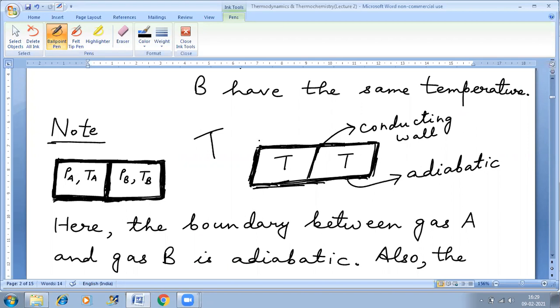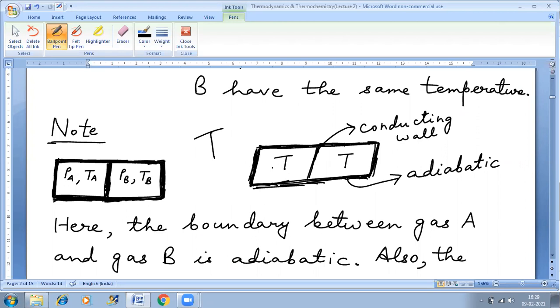So what happened? Initially the temperatures were different, TA and TB, two different temperatures. But because the wall is conducting, the temperature became the same for both compartments because heat was flowing through this wall. Heat keeps flowing in order to equalize the temperatures of the two compartments.